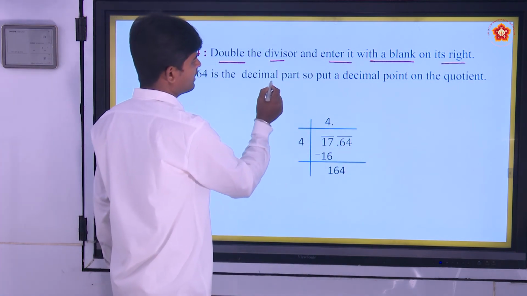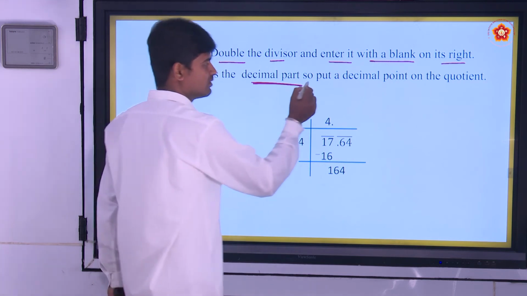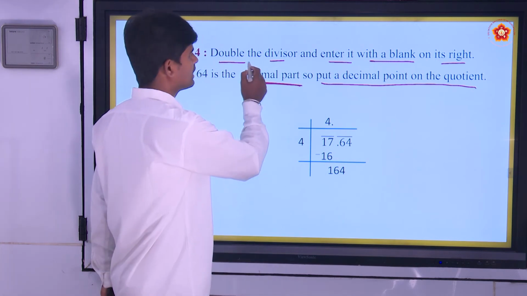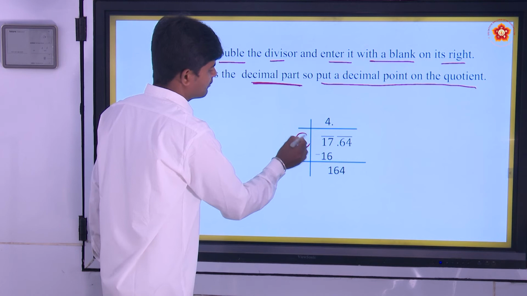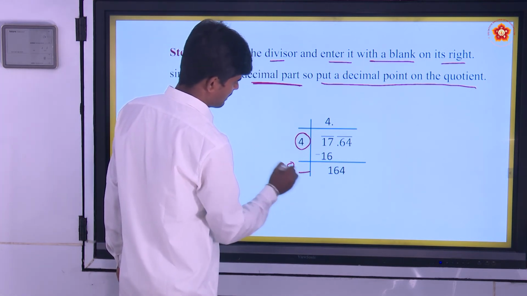Since 64 is the decimal part, put a decimal point on the quotient. So you have to double the divisor, that is 8, and put a blank.